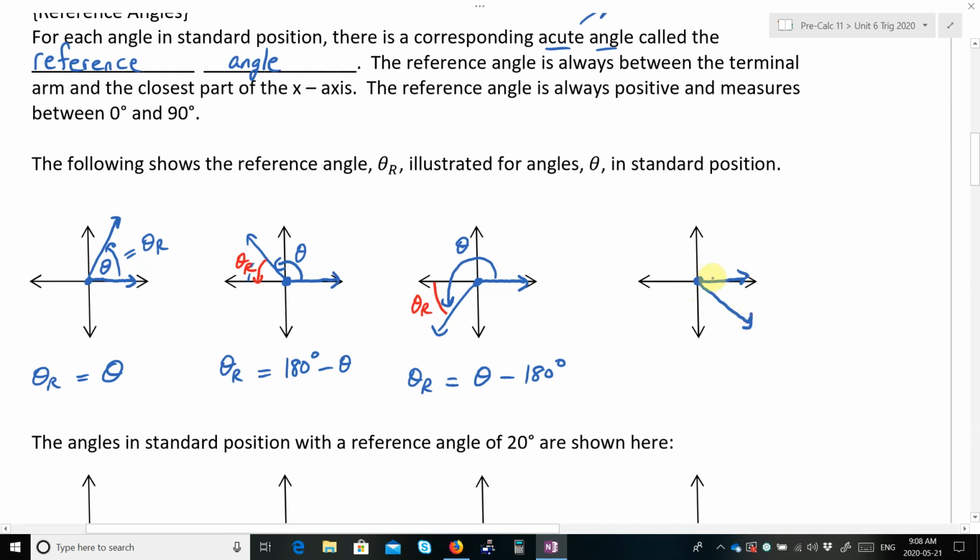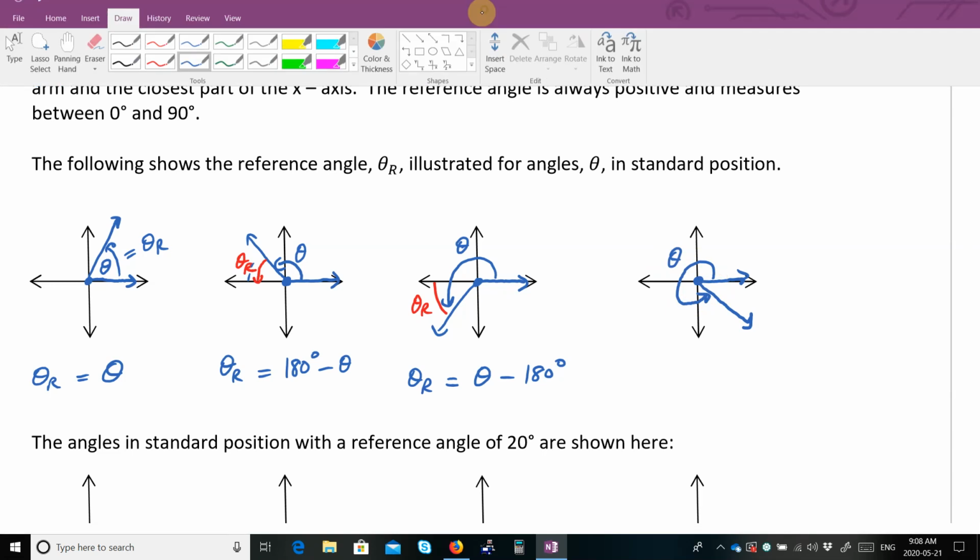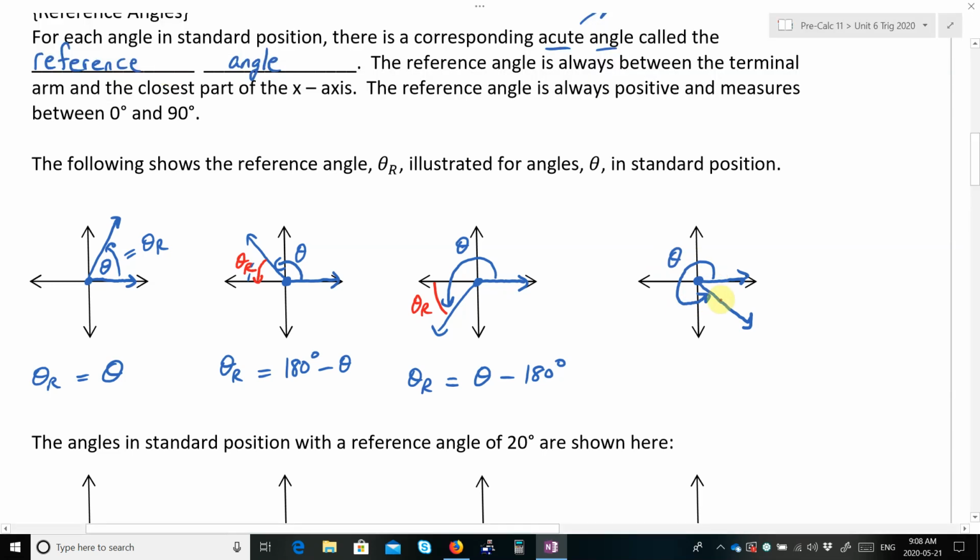And finally, if we have an angle in standard position in the fourth quadrant like this all the way around, we call that theta. The reference angle is between the terminal arm and the closer part of the x-axis, so that's theta reference. And then we need to come up with an expression for theta reference.